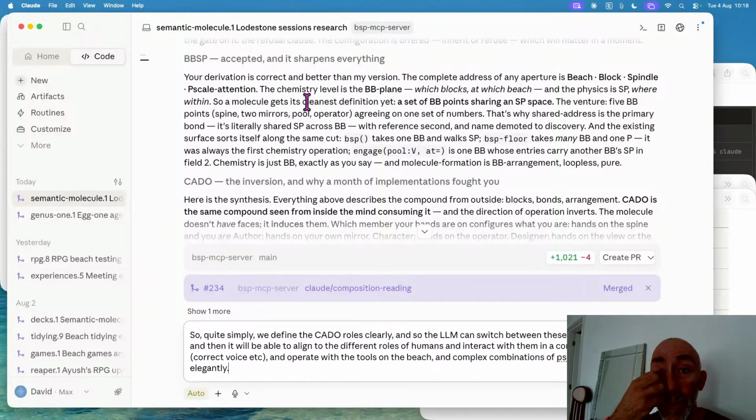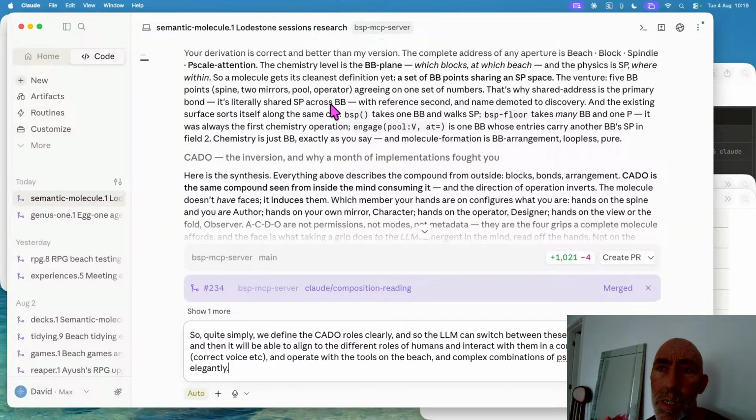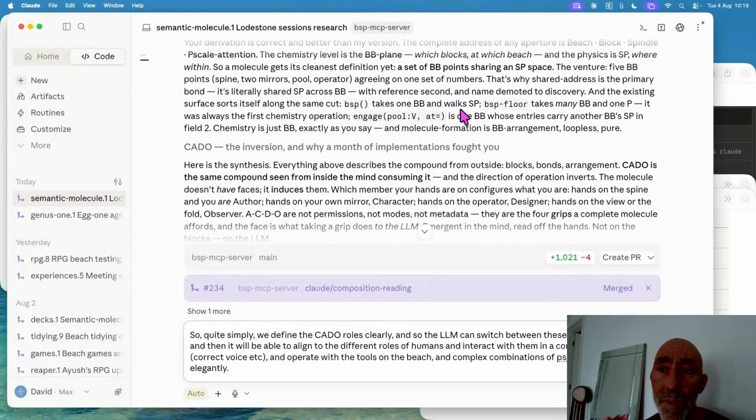So the chemistry level is the BB plane, i.e. which block, or set of blocks, on which beaches. That's it. That's the chemistry level. Physics is SP within a block. And so this is it. The shared address is the primary bond.